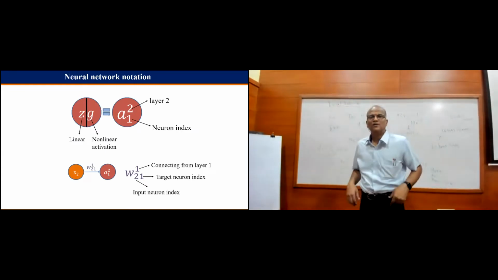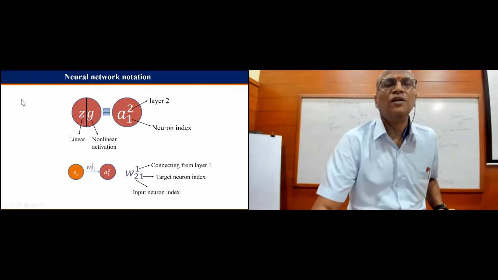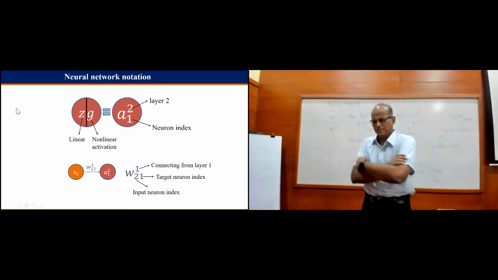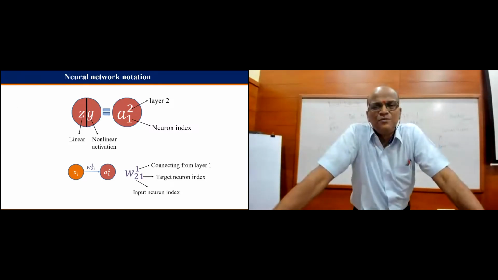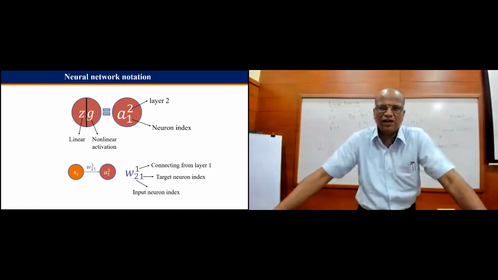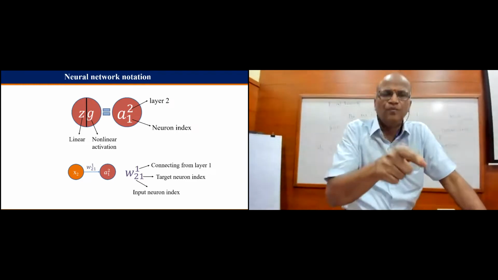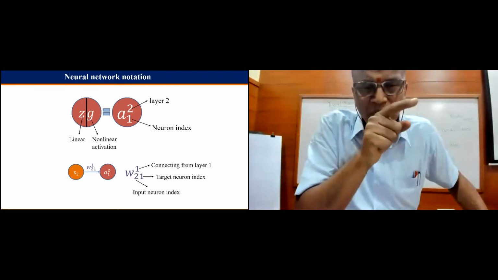Okay. Now let us go into the neural network nomenclature. Z is basically linear, and G is a nonlinear activation function.